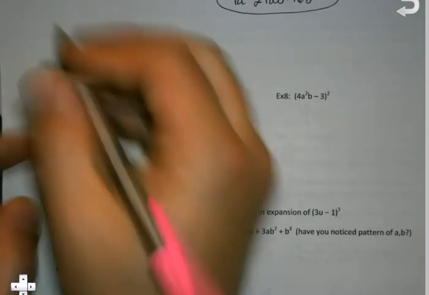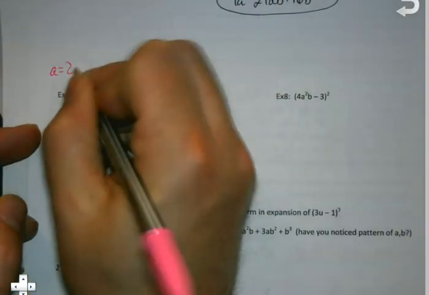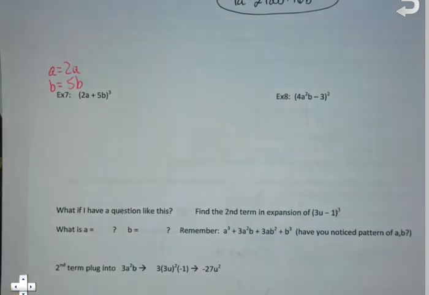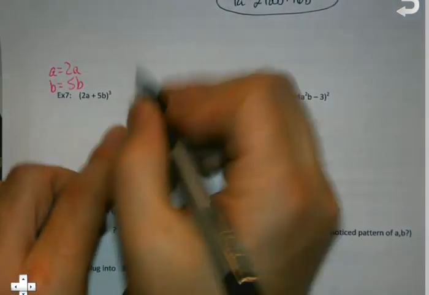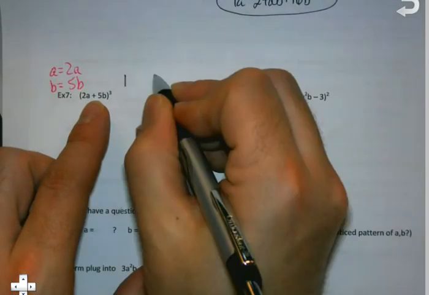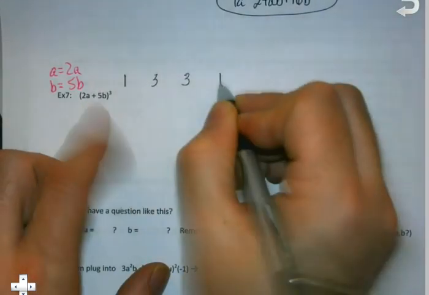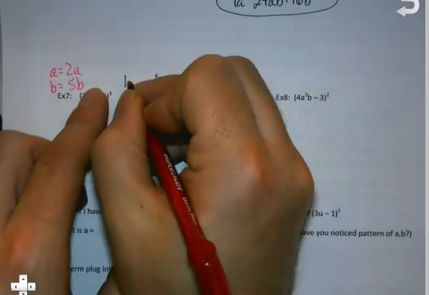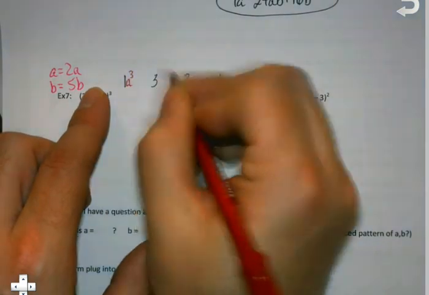First thing I know, my a would be 2a, my b value is 5b. And I know since it's a third level, the pattern goes 1, 3, 3, 1. I also remember that since I'm on level 3, I start with a to the third.